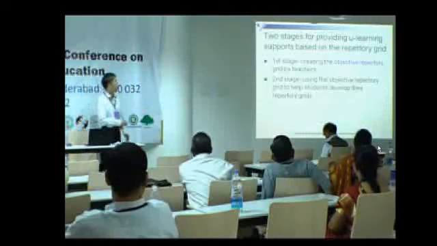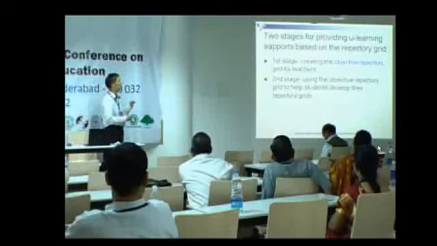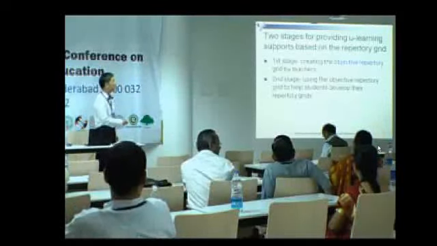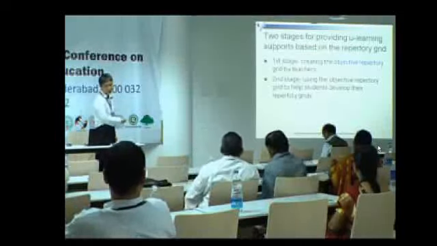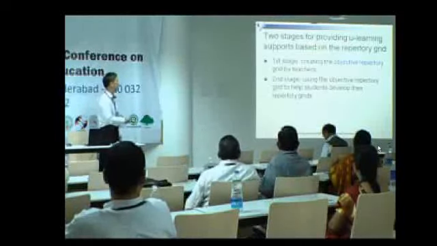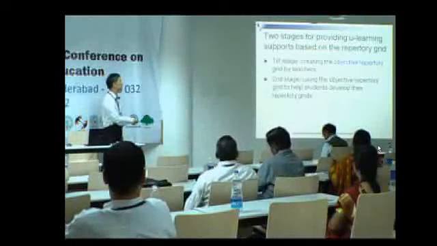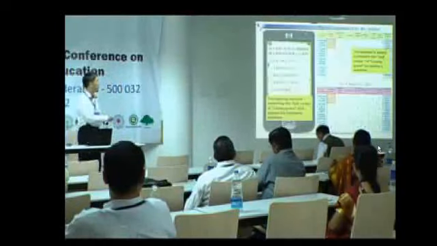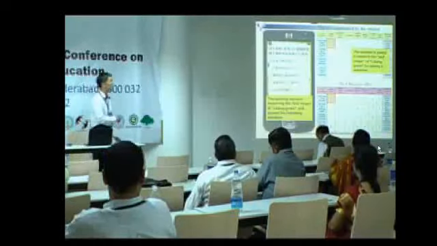So we use vector grid in a U-learning activity to support the student with a 2-stage approach. In the first stage, we ask the teacher to create an objective vector grid. In the second stage, we use the objective vector grid to help students develop their own vector grid. And this slide shows how we do that.